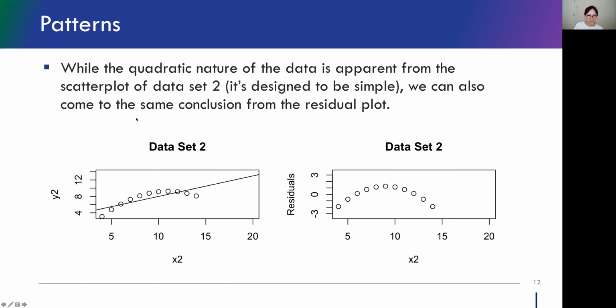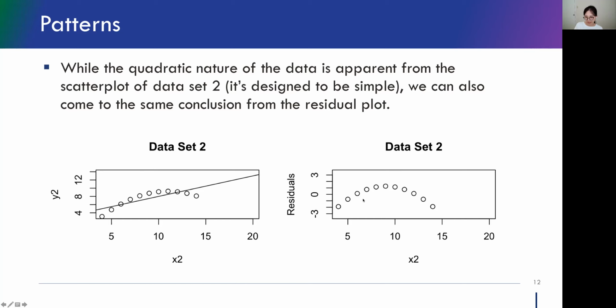Take a look at the example that we just talked about, the four data sets. The quadratic nature of the data is apparent from the scatter plot that we saw before. This example is designed to be simple, and we can also come to the same conclusion from the following residual plot. When you plot the scatter plot for y2 and x2, it shows clearly a quadratic pattern. And when you calculate the residuals and plot them, the quadratic pattern is preserved in the residuals.